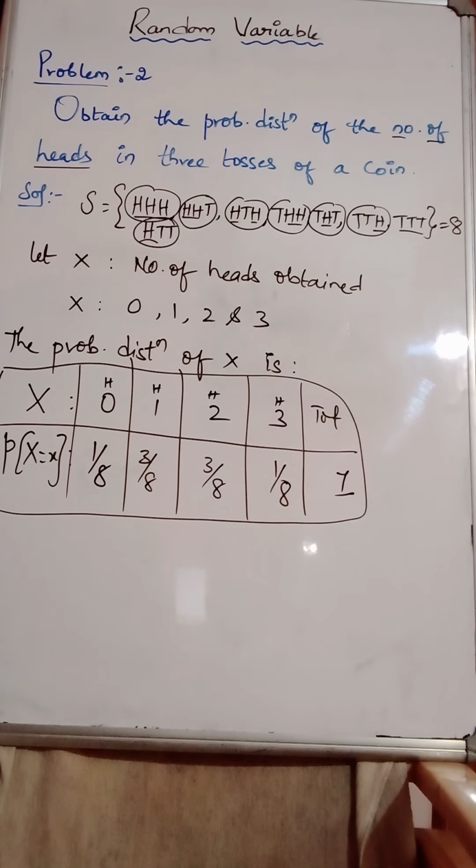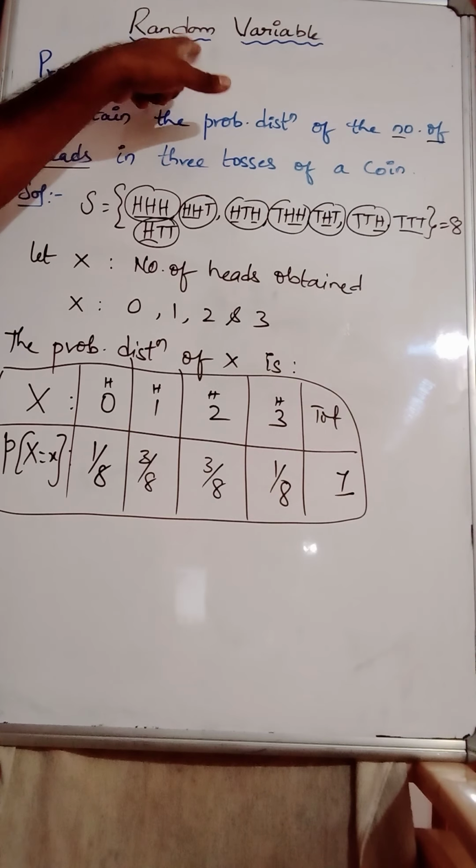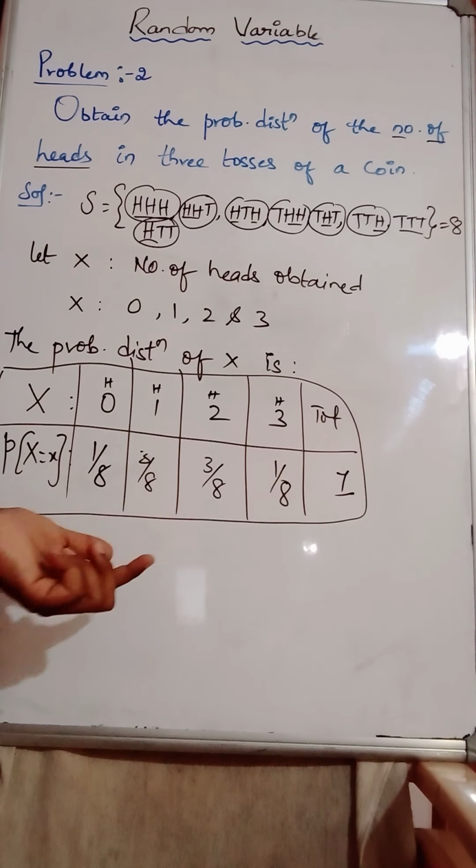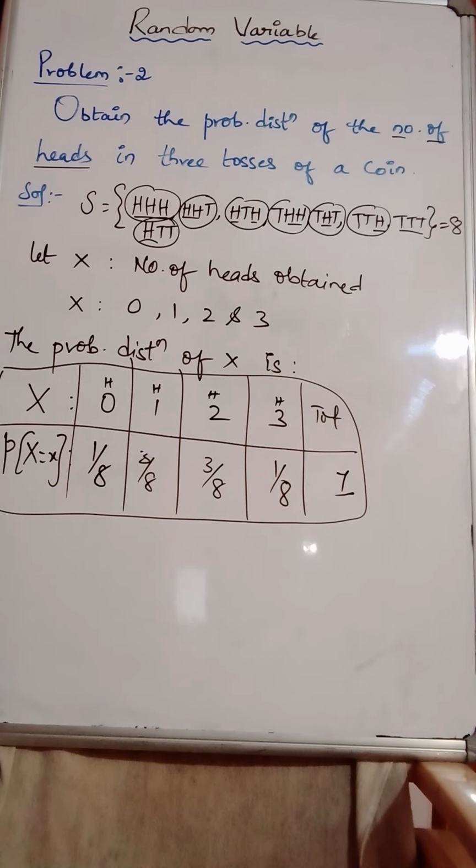Associating some real values from the random experiment, that itself we call a random variable. Some real values are to be assigned with respect to probabilities. Are you clear, guys? So this is the concept. In the next video, let us see few more example problems.